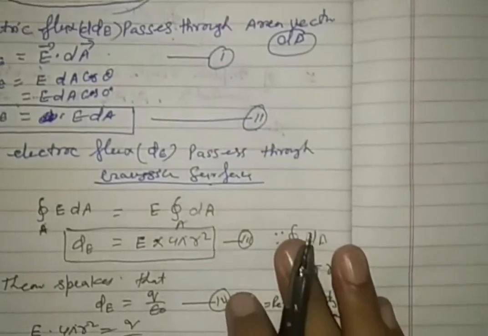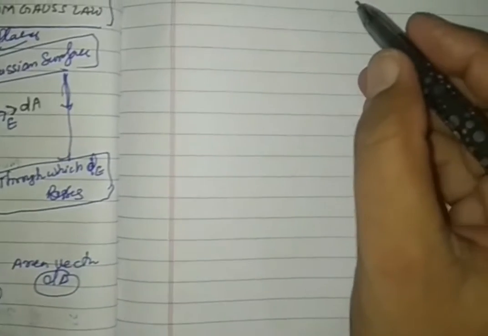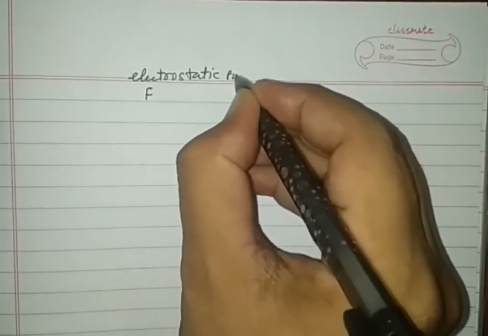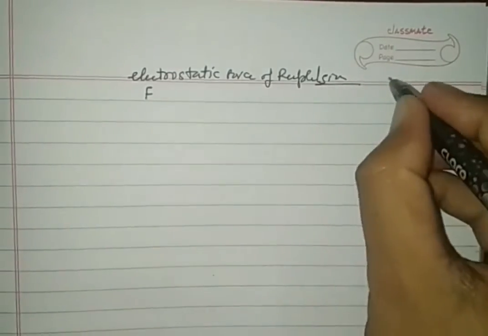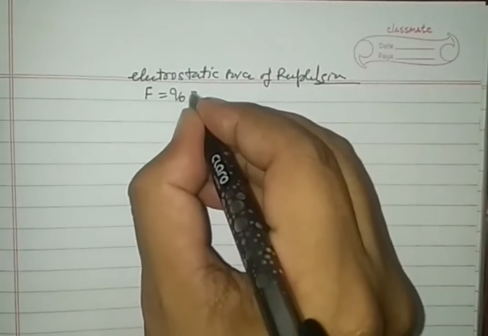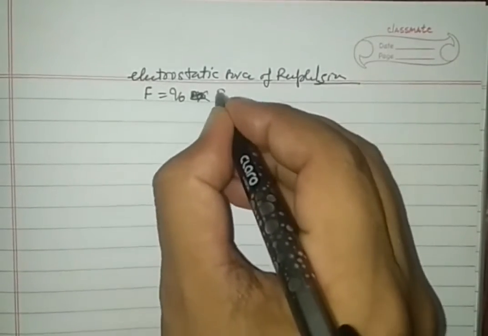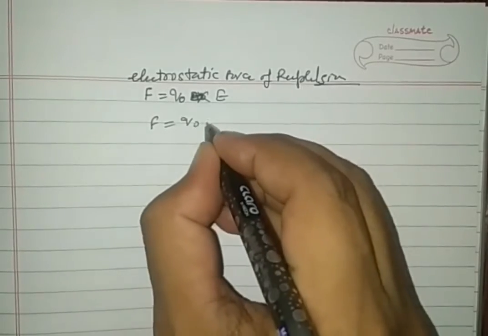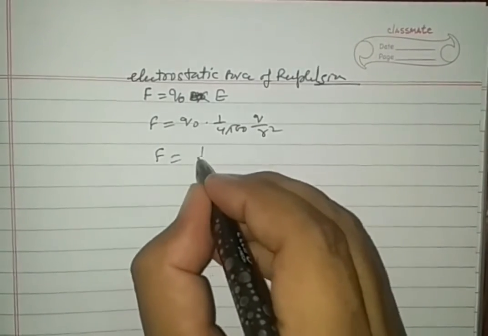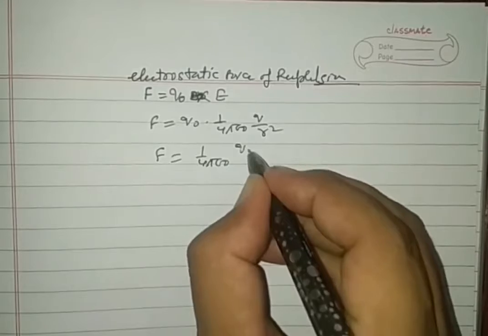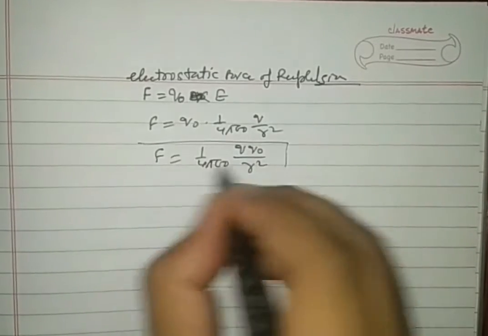Now we are going to derive the Coulomb force from this. The electrostatic force of repulsion experienced by the test charge is equal to Q0 into E. So F is equal to Q0 into 1 upon 4 pi epsilon 0 Q by r square, or F is equal to 1 upon 4 pi epsilon 0 Q Q0 by r square.